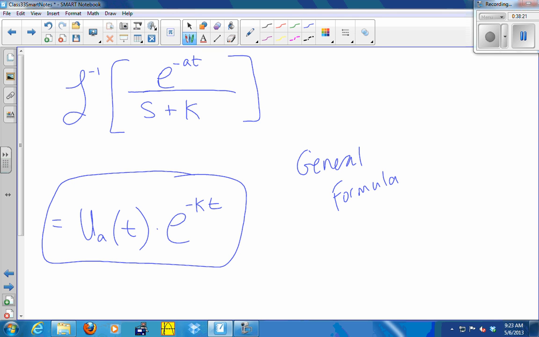Okay, so that should help you when you're trying to do inverse Laplace transforms. Oh, no, oh, sorry, hang on. It's not negative kt, it's negative k times t minus a. It's a transformation. It's the horizontal shift. Yeah, that's it.